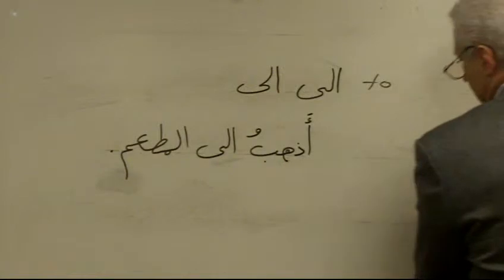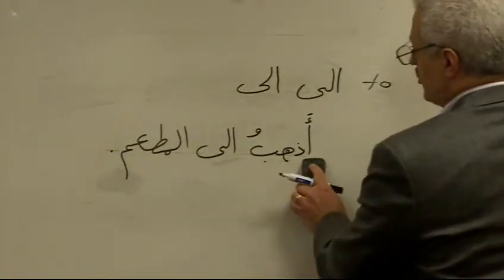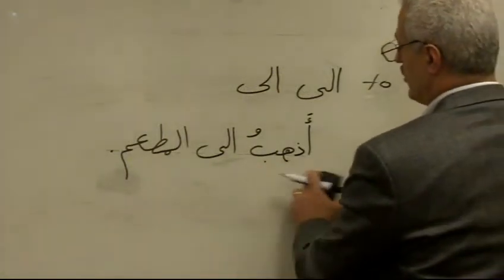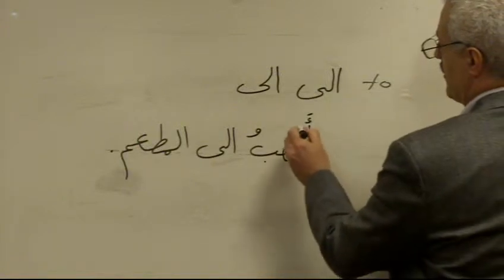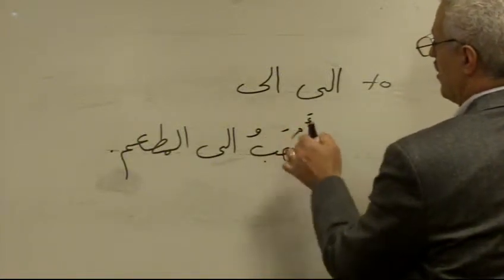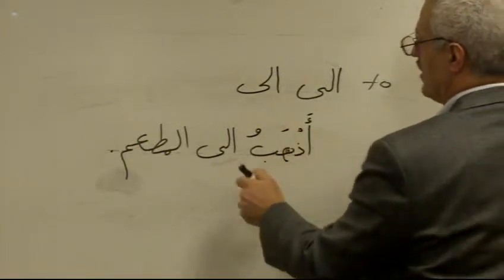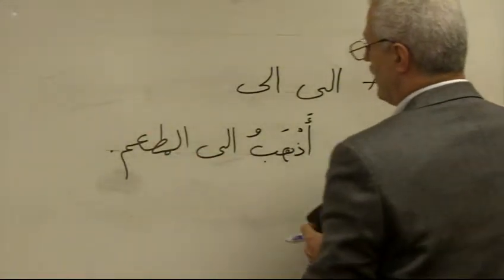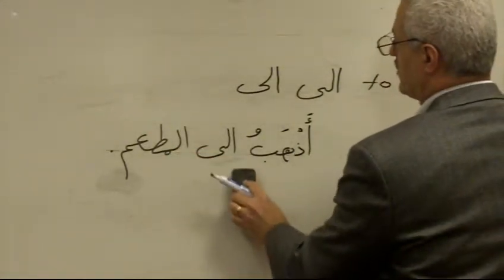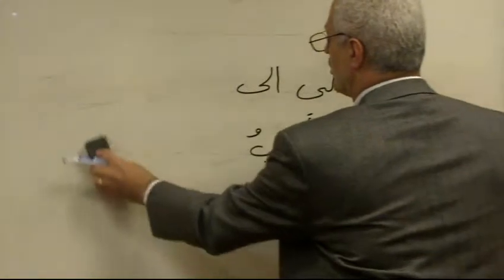Now, so it's very important for you to know your alphabets because you have to know how to read it. So it's أذهب إلى المطعم. Now the other reason it's important to read your alphabets because you can use another preposition for that.